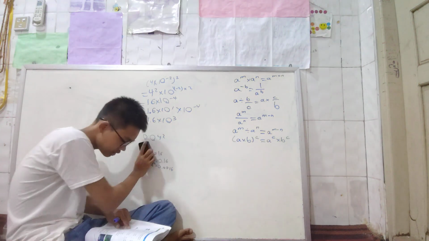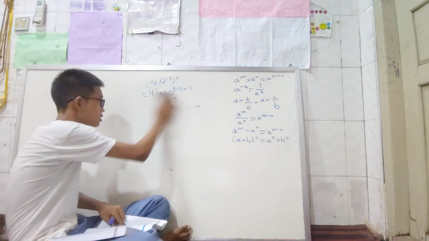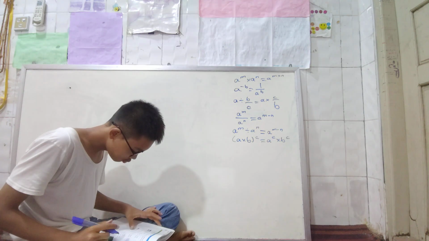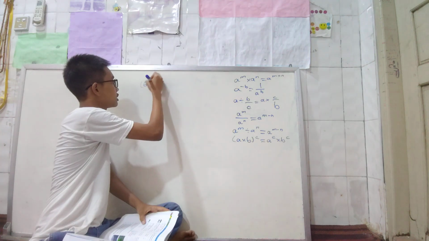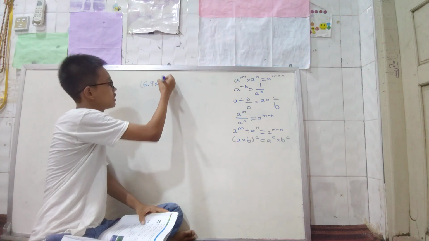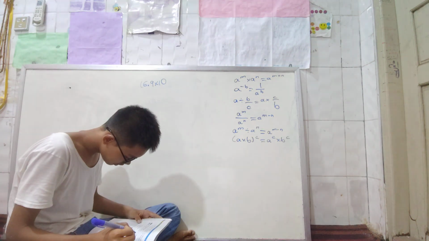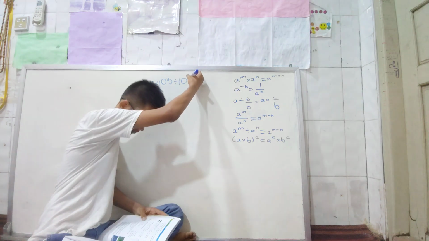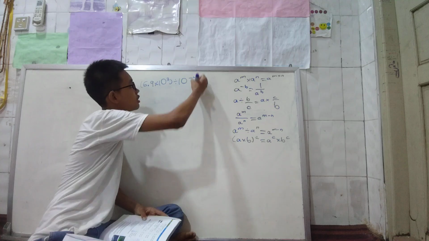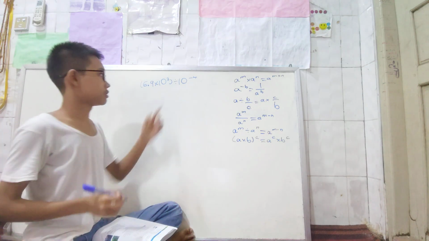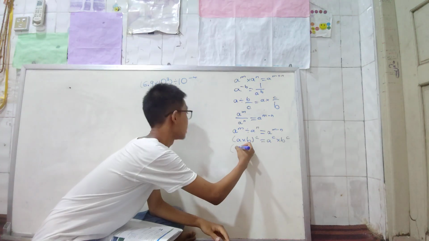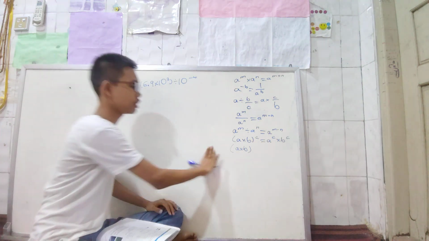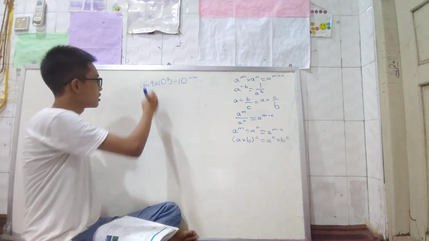And then the next one is number 19, which is 6.9 times 10 to the power of 3, divided by 10 to the power of minus 4. I'm going to distribute it first because, well, you know, a multiplied by b. No, we're not going to distribute it. My bad.